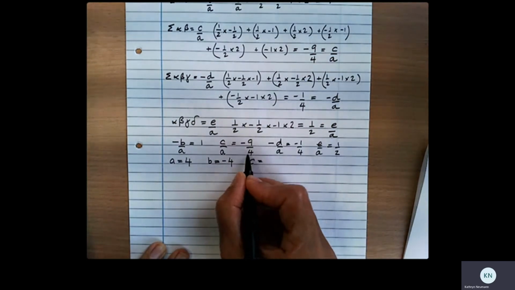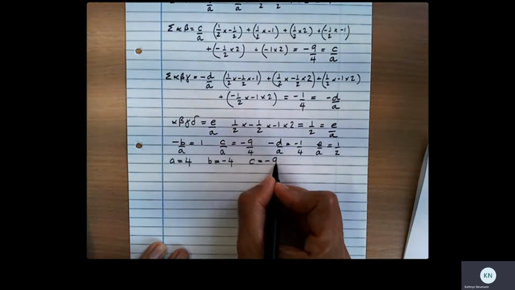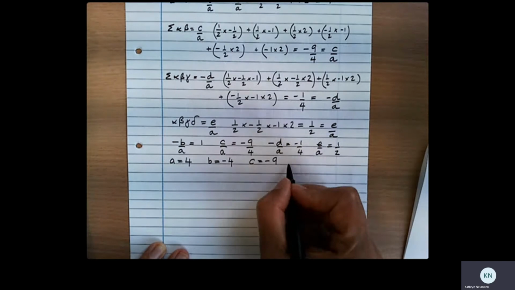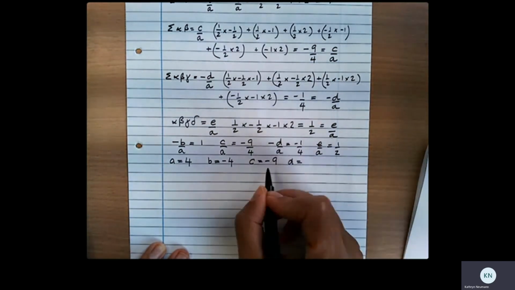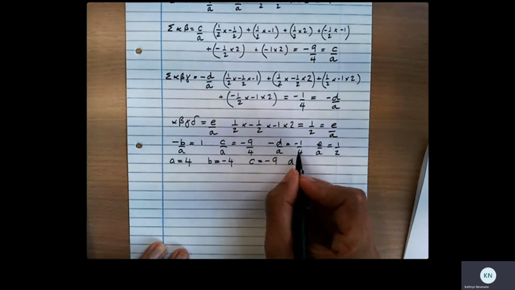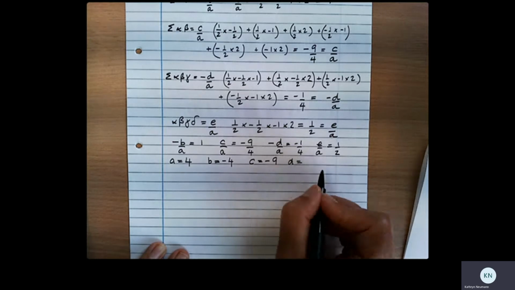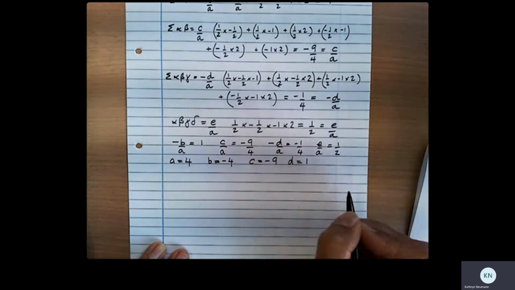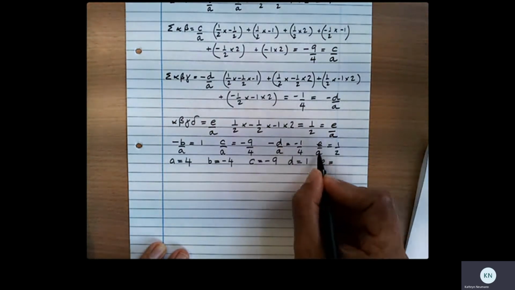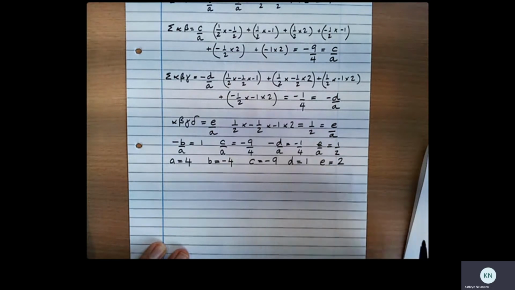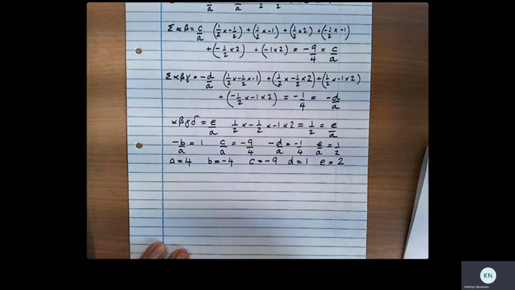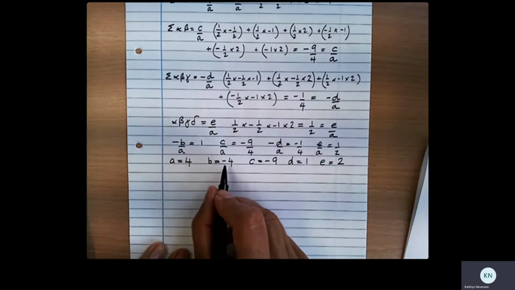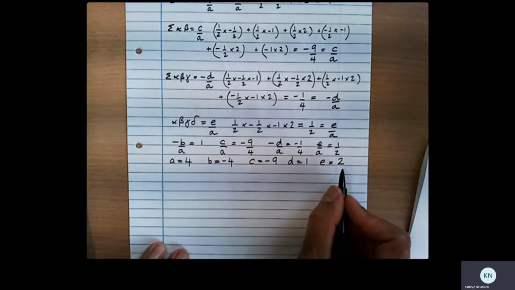C is going to be equal to minus 9. D is going to be equal to, now just watch your negatives here, a is equal to 4, so minus d is minus 1, so d is equal to 1. And then e, a is equal to 4, e is going to be equal to 2. So we have now found the smallest possible integer values of a, b, c, d, and e.